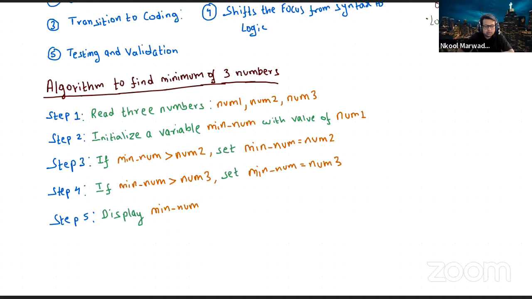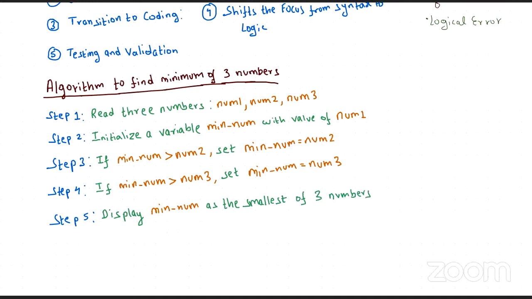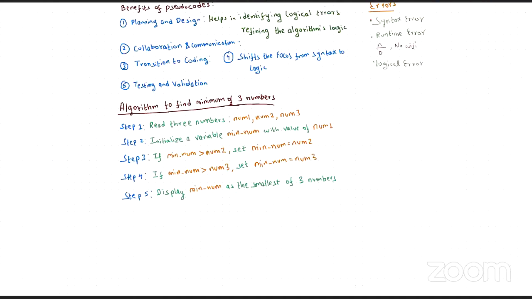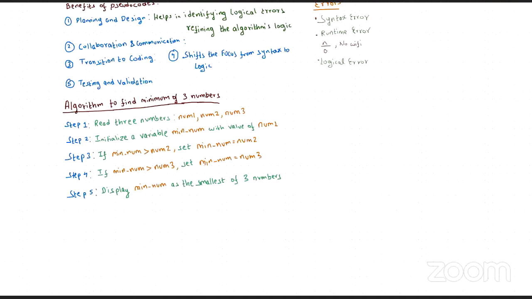That's the smallest of the three, isn't it? Now let us test whatever algorithm we have written. Let us try it out for different numbers.